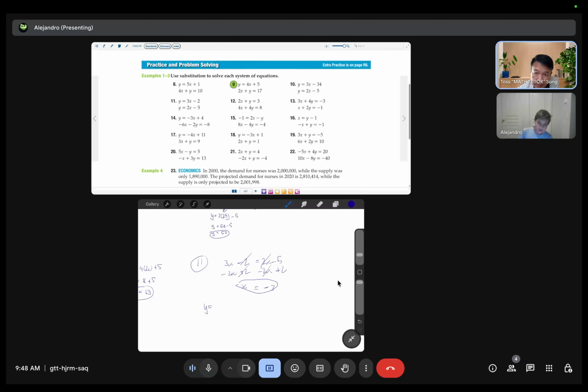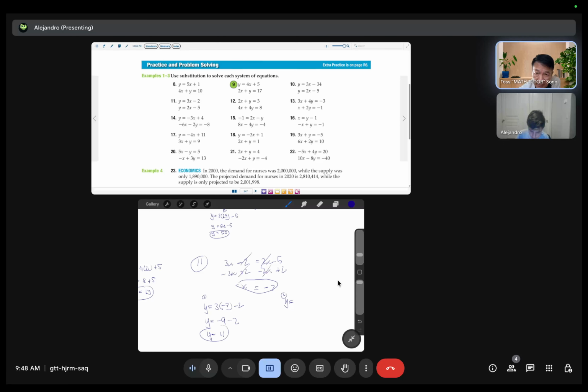So y equals 3 times negative 3. You can plug it in the second equation, it'll be the same answer if you didn't know. Actually, I'm going to do that right now to show you. So anyway, I got negative 9 minus 2, so it's going to be negative 11 for the y. But watch, I'm going to plug into the second equation. You don't have to do it, okay?